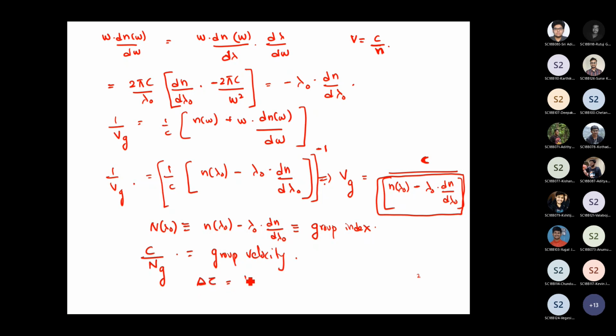is given by d tau divided by d lambda naught into delta lambda naught, which is nothing but d by d lambda naught of L divided by c into n of lambda naught minus lambda naught into dn divided by d lambda naught.